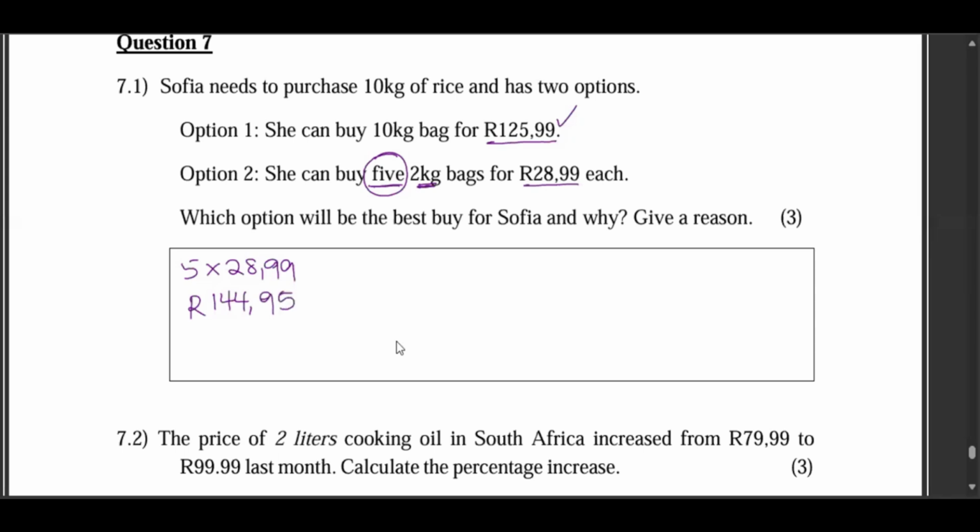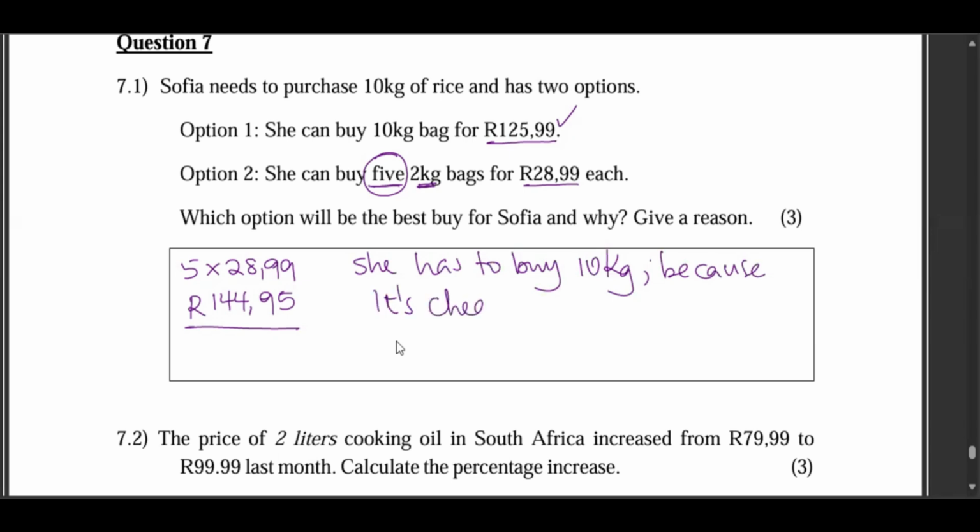That means you say she has to buy 10 kg because it is cheaper.